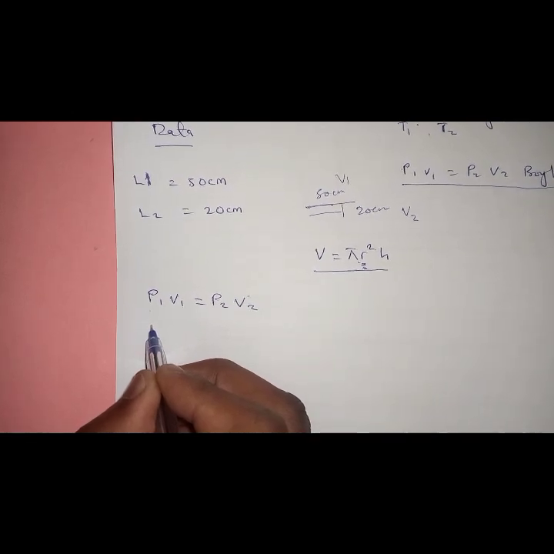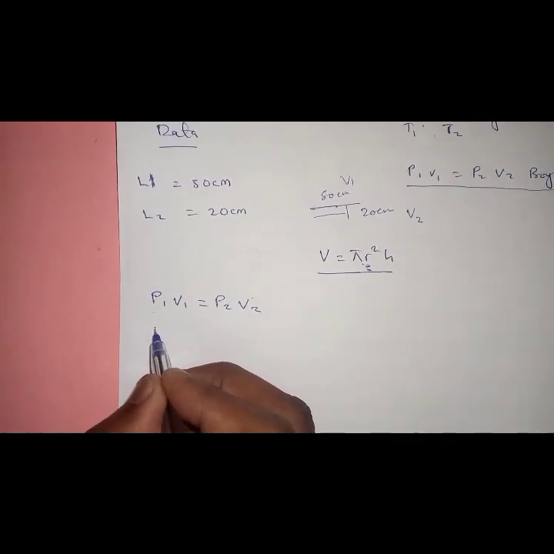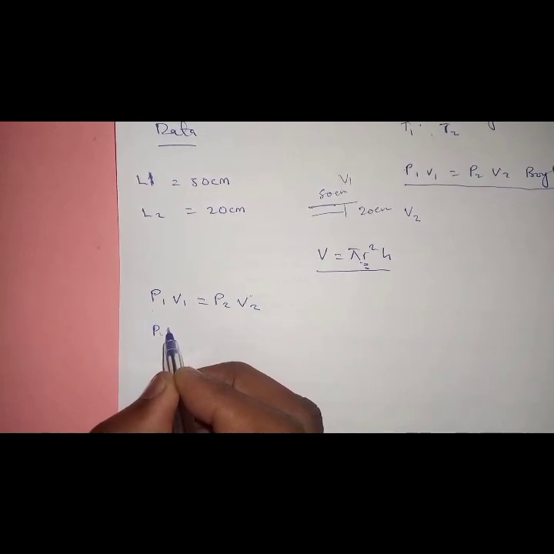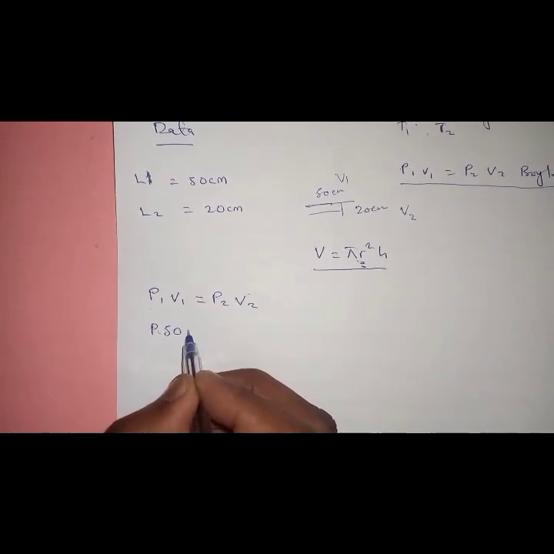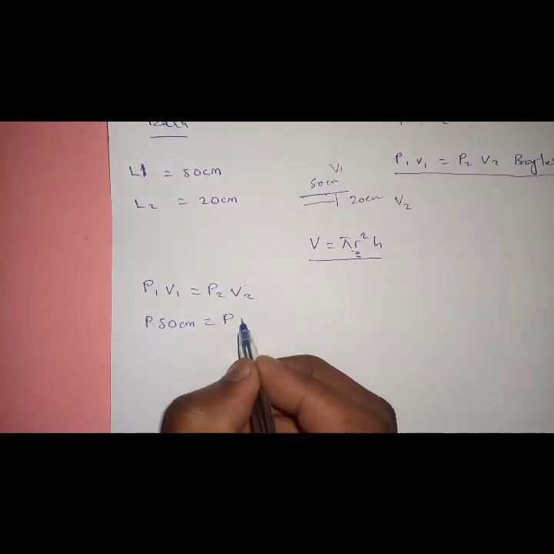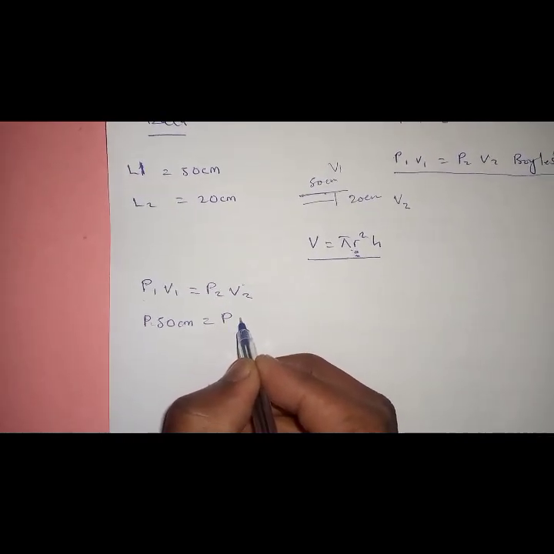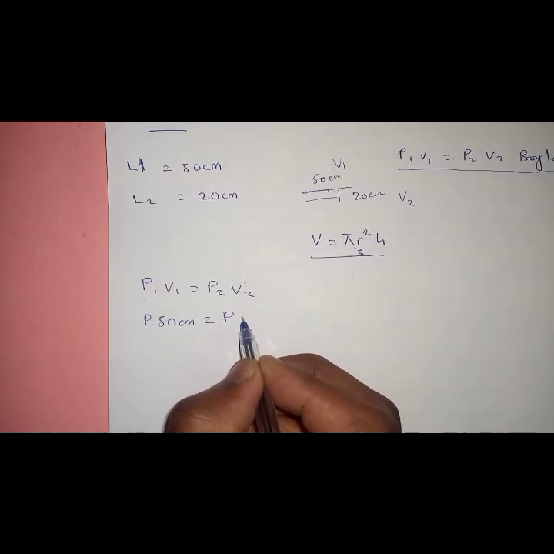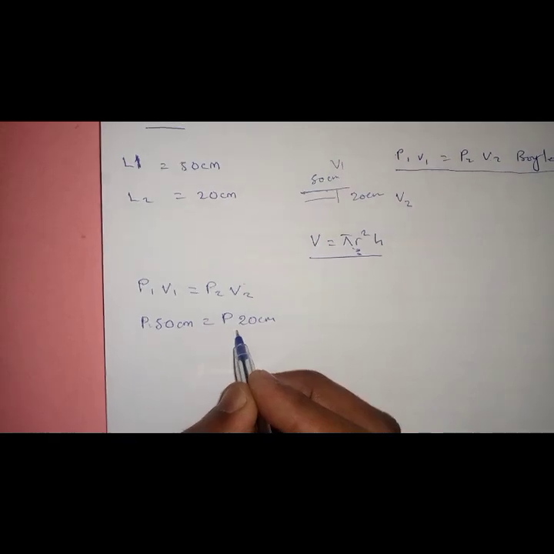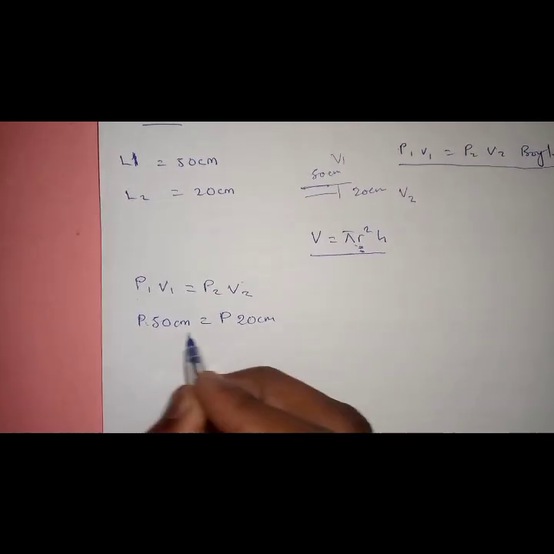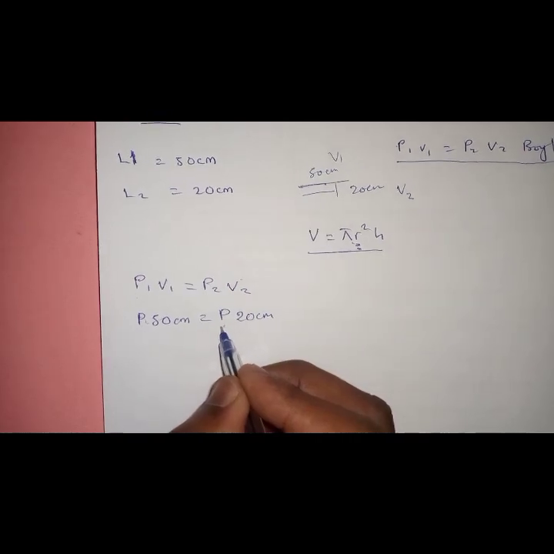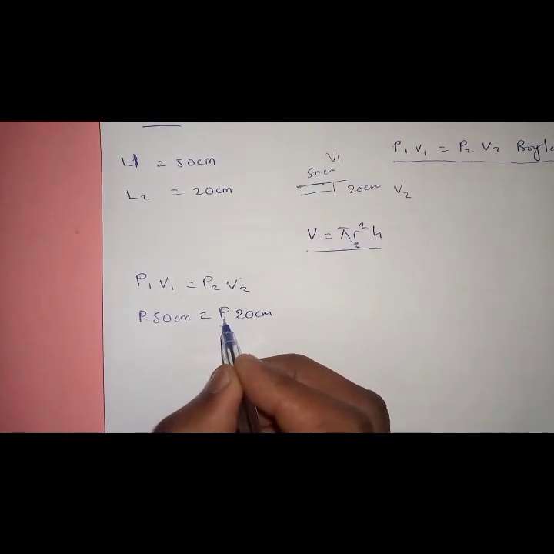So what is our V1? So we are saying P and our V is 50 centimeters is equal to P and our V is equal to 20 centimeters. So what do we do next here? We are looking for new pressure. So our new pressure is actually this one.